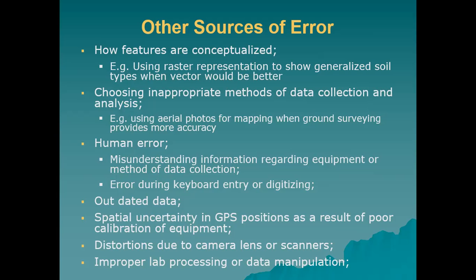Additionally, if you're capturing data from satellite images, or from aerial photos that use camera lenses, there may be distortion in camera lenses. Scanners may produce errors as well if they are not properly aligned.